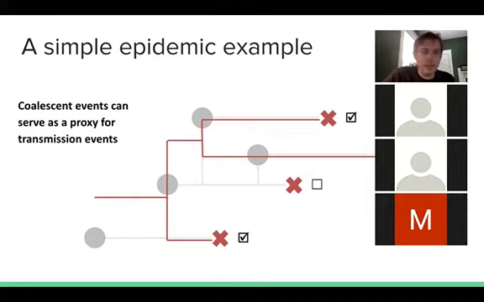So in the underlying transmission tree, a parent would infect a child, and if we then sampled the parent and child lineage and then reconstructed the phylogenetic tree, the transmission event between parent and child would show up as a coalescent event in our phylogenetic tree.